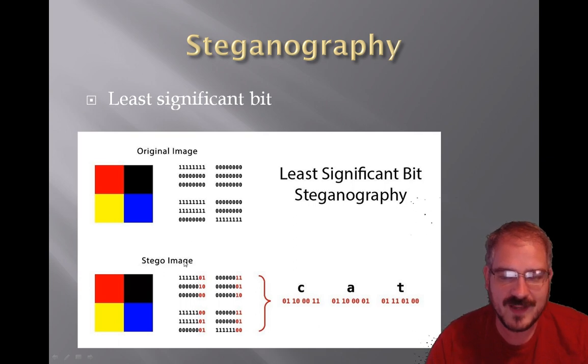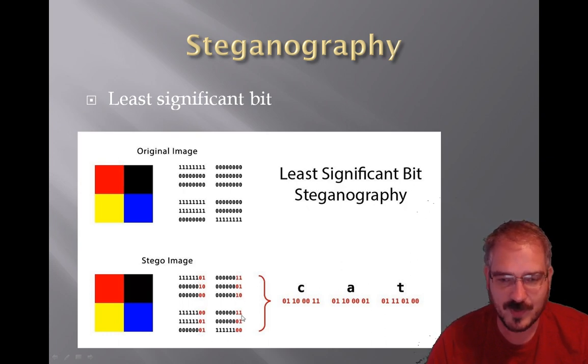So once we've hidden that data, we've hidden 0, 1, 1, 0, 0, 0, 1, 1, 0, 1, 1, 0, 0, 0, you know, so we read it like this: down, down, down, down, and so on.